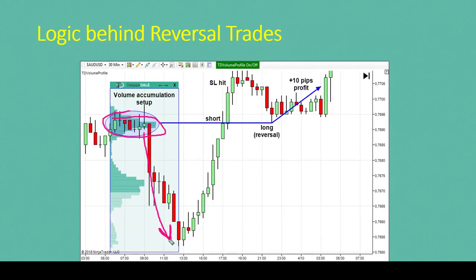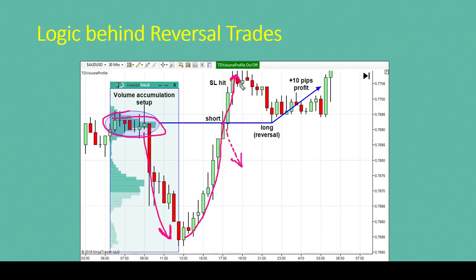Because they pushed the price downwards, you can tell that those volumes belong to strong sellers. When the price makes it back to this area, you expect that those sellers will start selling and that they'll push the price downwards to defend their positions. But in this case, the price didn't really respect this level and it went past it.